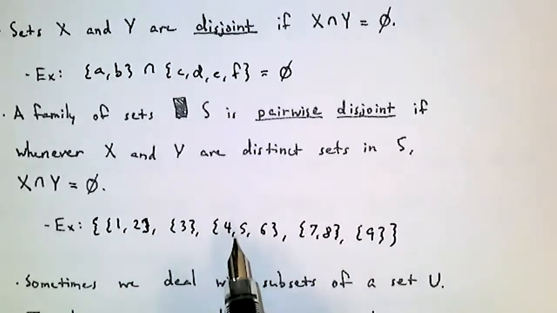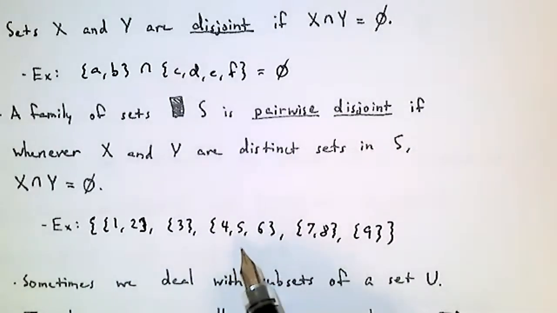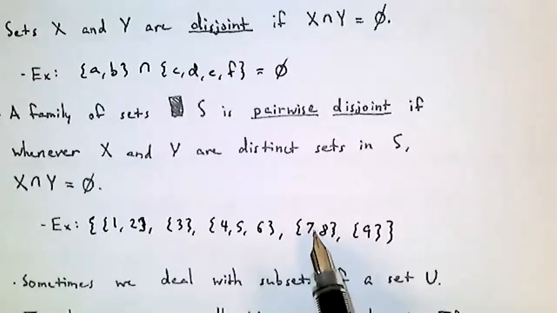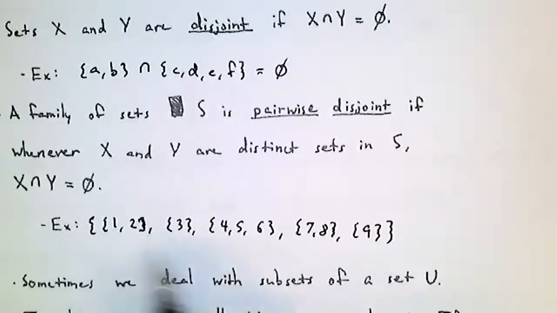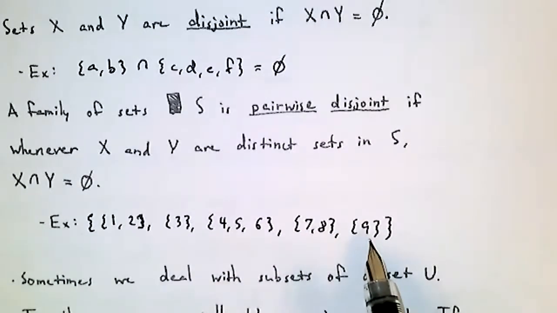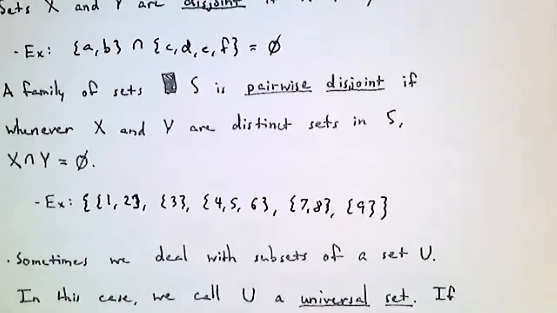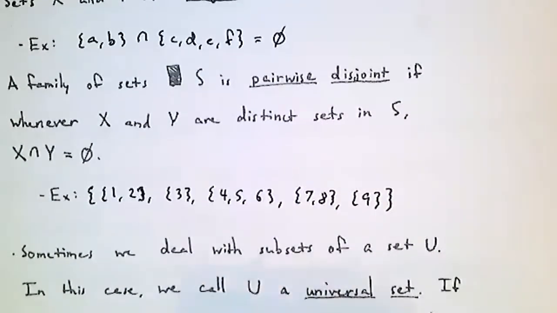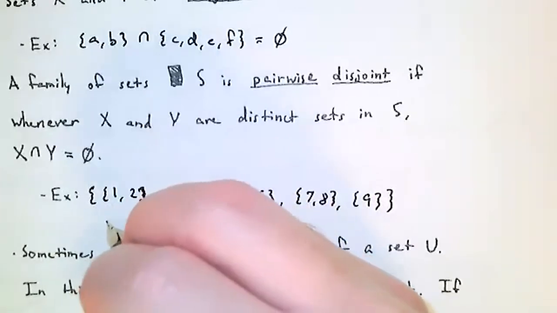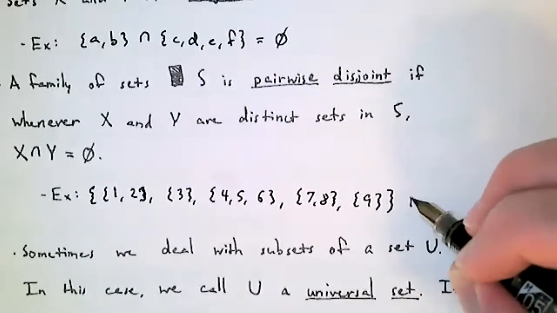If I compare it to this one over here, 1, 2 compared to 4, 5, 6, nothing in common there, and then nothing in common with the last set with just 9 in it. So compare this to the next set. So this one is pairwise disjoint.